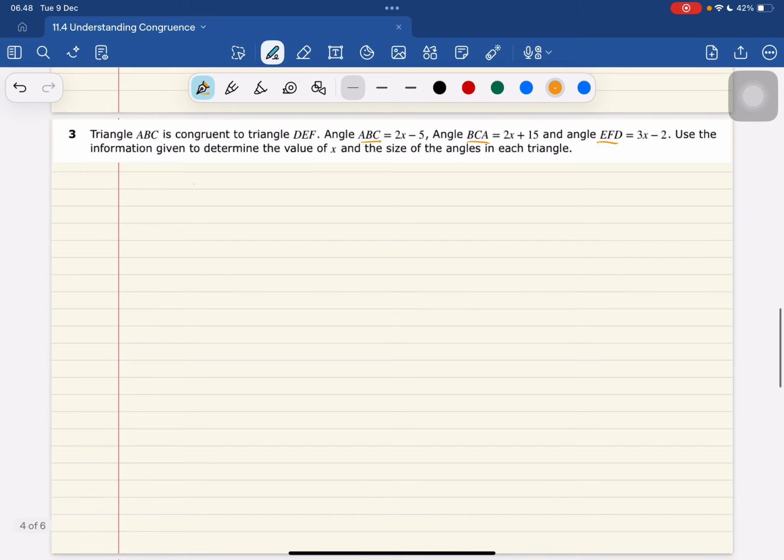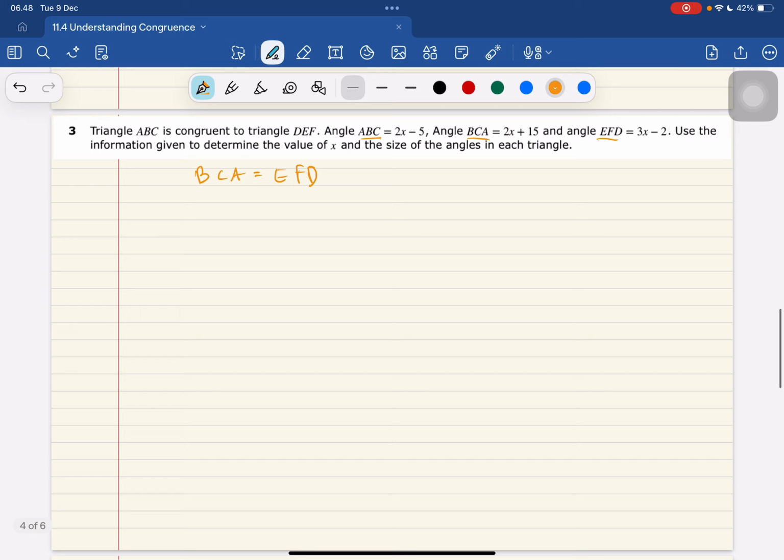Okay, so BCA is going to be equal to EFD. Why? Because these are corresponding angles in congruent triangles.